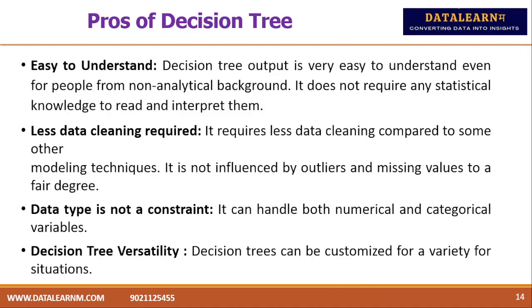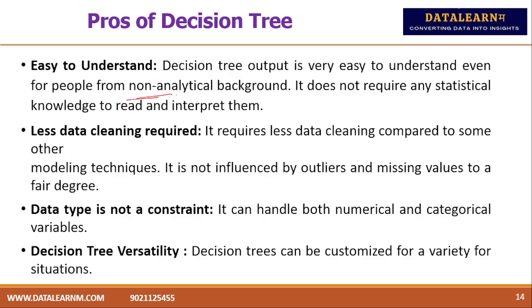If you talk about the pros or advantages of a decision tree, it's easy to understand. It is just a tree-like structure. While doing the implementation, we'll try to build it. The decision tree output is very easy to understand, even for people from a non-analytical, non-data science background. It does not require any statistical knowledge to read or interpret the results.